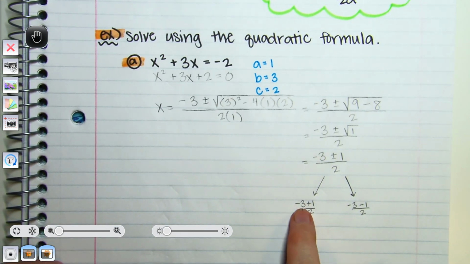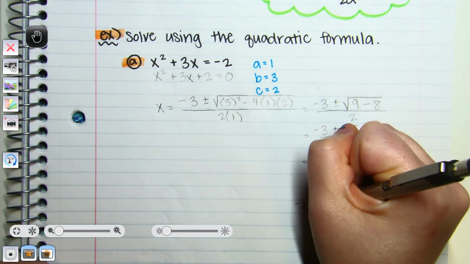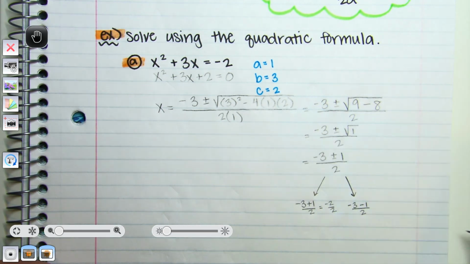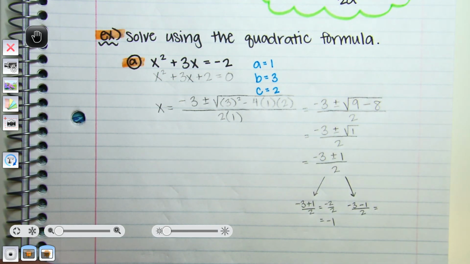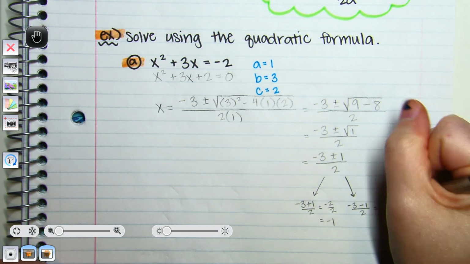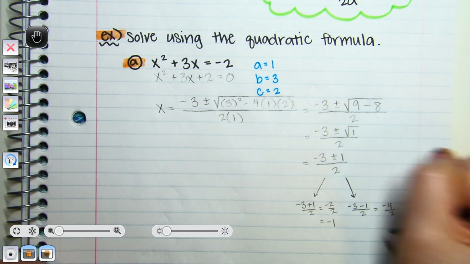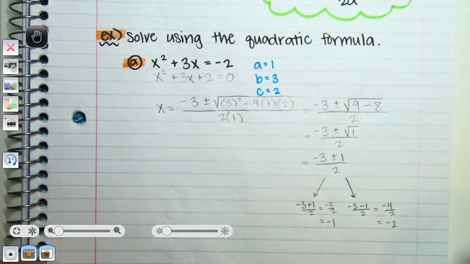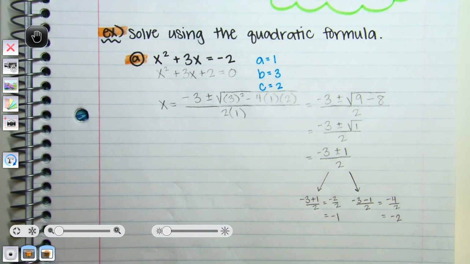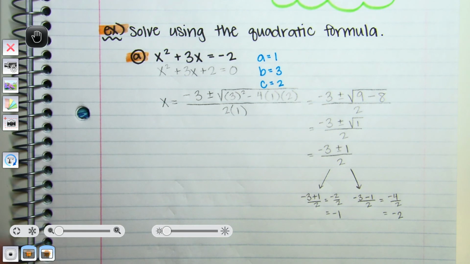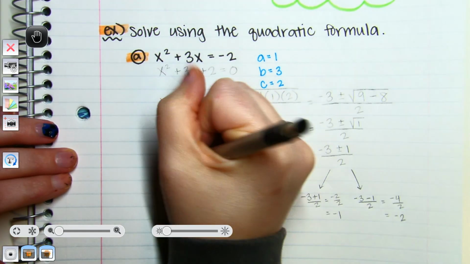So negative 3 plus 1 is negative 2, which is negative 1. And then negative 3 minus 1 is negative 4. And negative 4 divided by 2 is negative 2. So those are my answers. The way I'm going to write this on your homework is in those fancy little squiggly brackets.